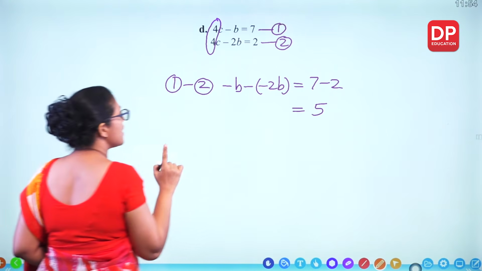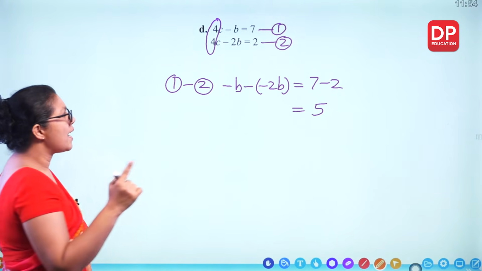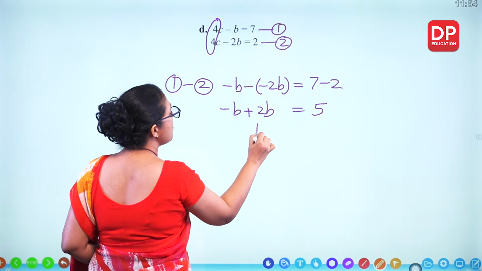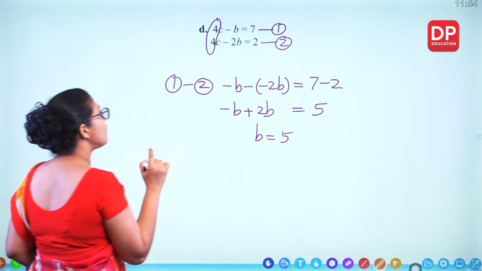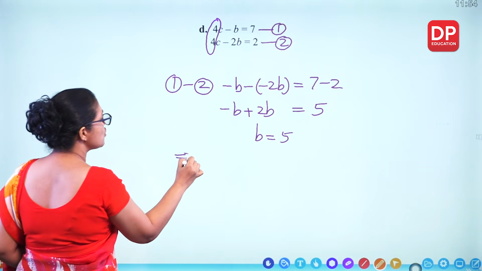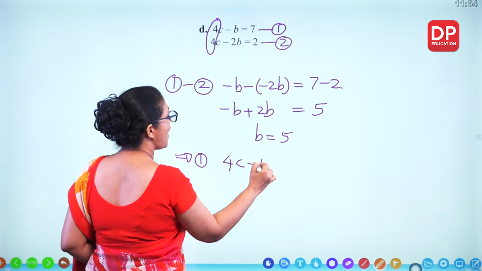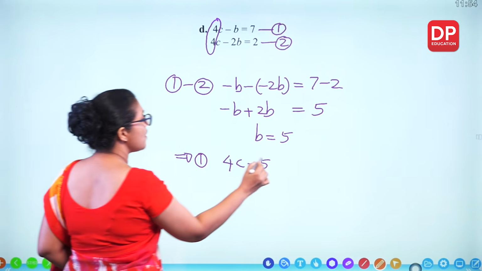You get 5 here. Minus b plus 2b, so you get b here. b equals 5. Now take one of the equations and substitute. 4c minus 5. b is 5 now.